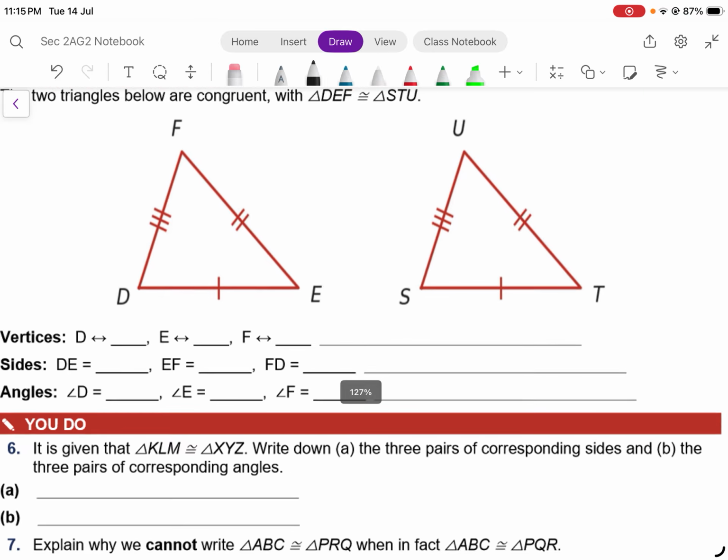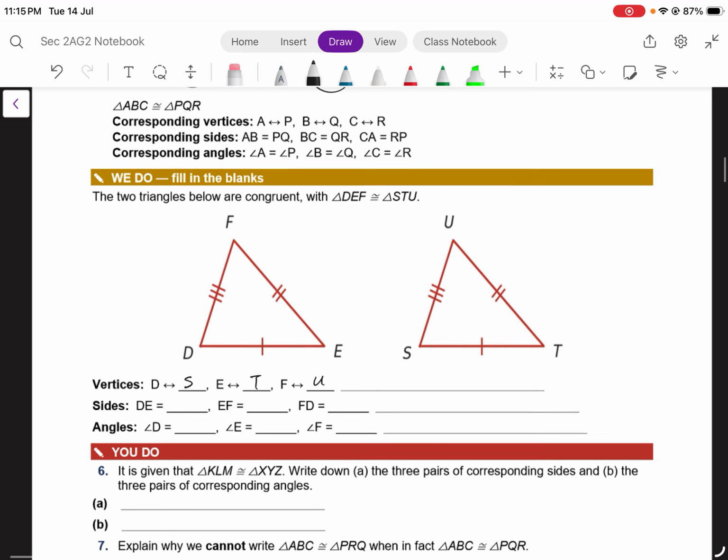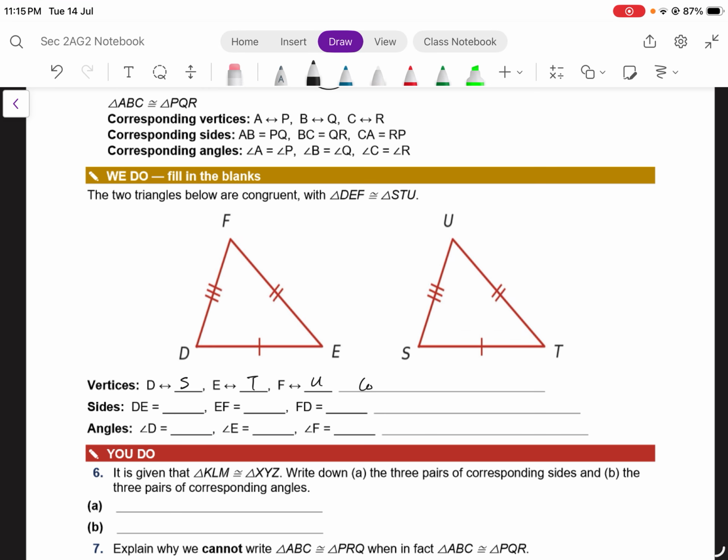So you can probably do this on your own. Vertices, D is to S, E is to T, F is to U. Then you can follow what they're writing, corresponding vertices.